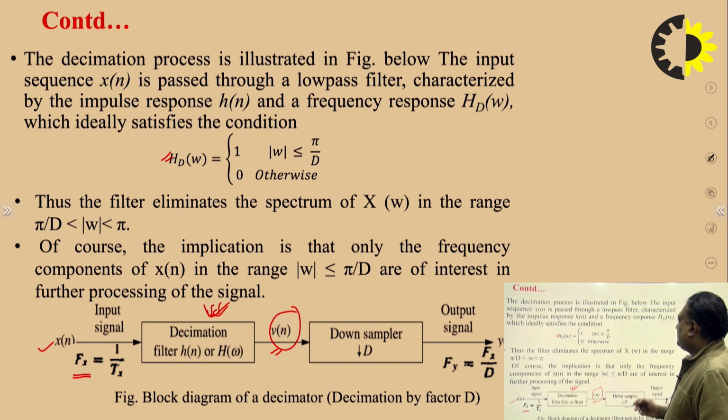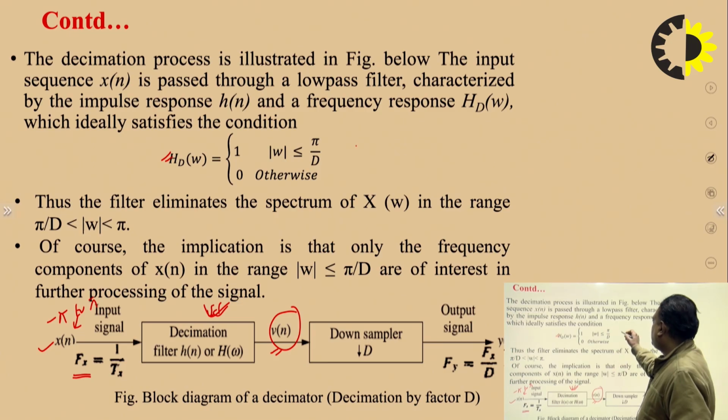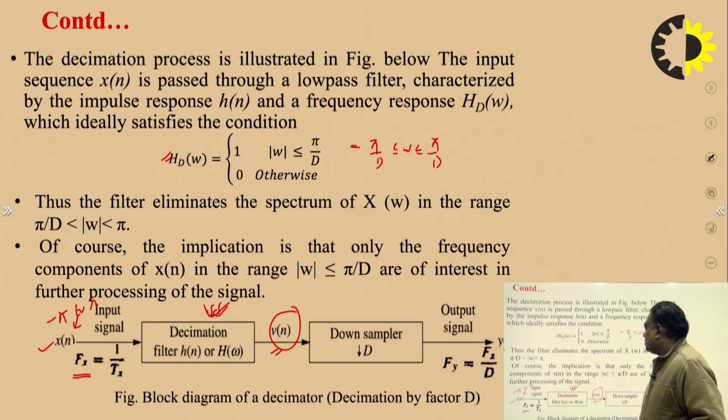Now we have this input signal x[n] with bandwidth from minus pi to pi, and this low pass filter has a cutoff frequency between minus pi by d and pi by d. So what happens when you pass it through?